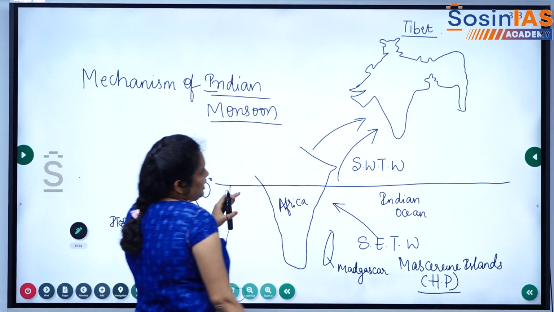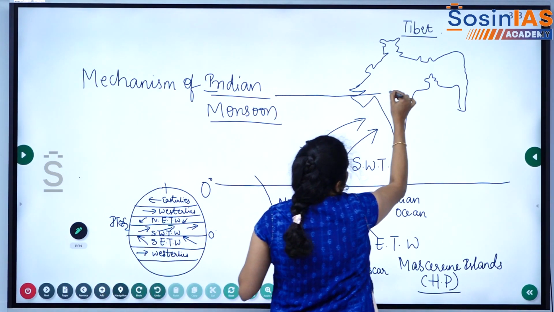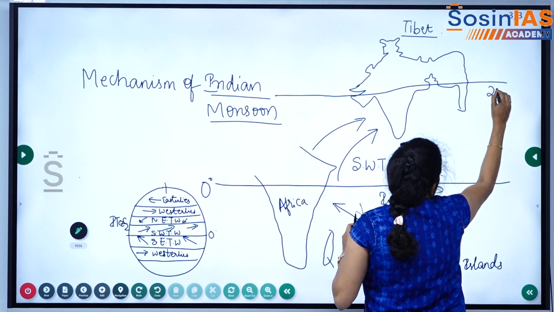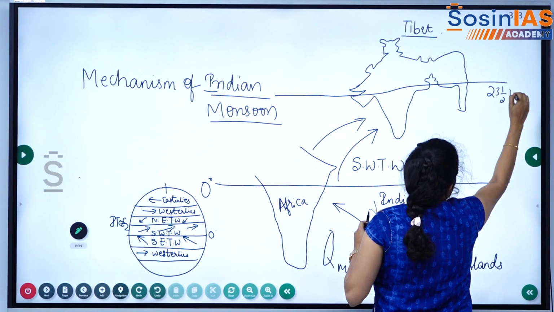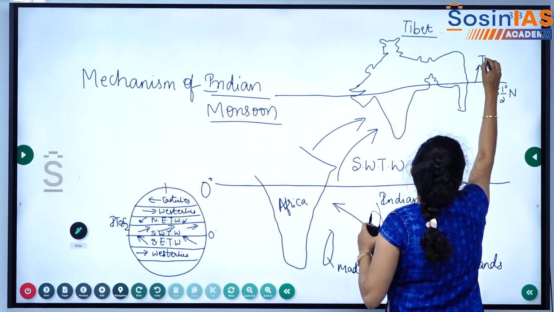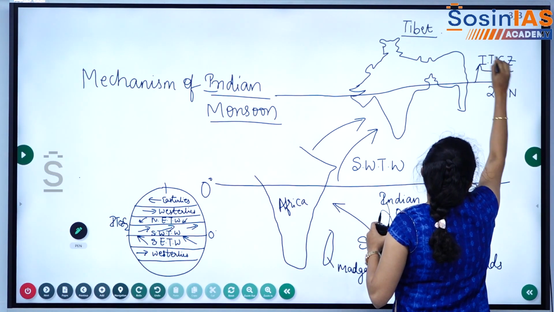You have high pressure here, and in this particular part you will observe through India you have 23.5 degree north latitude, that is Tropic of Cancer, and here is the place where you have intertropical convergence zone.